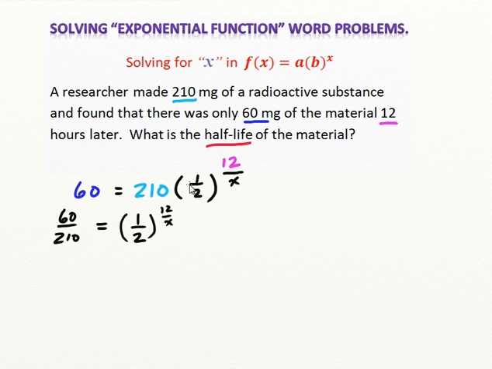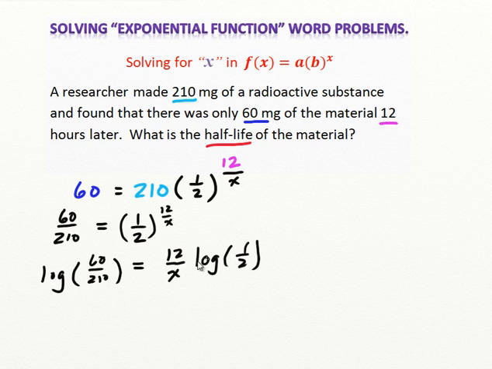Now I can take the logs of both sides. So I'm going to take log of 60 over 210, and that's going to be equal to the log of 1/2, and we move the exponent down in front.